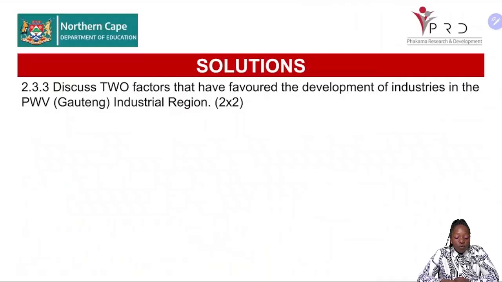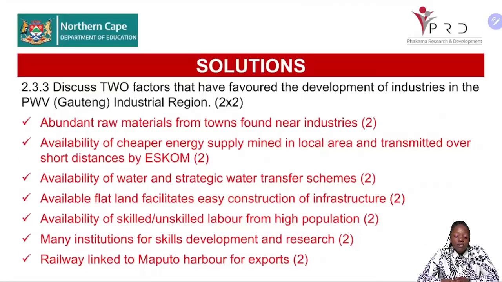Then your 2.3.3, you discuss the 2 factors that have favored the development of industries in the PWV industrial region. Remember, there are quite a few factors that have favored the development of industries in this region.